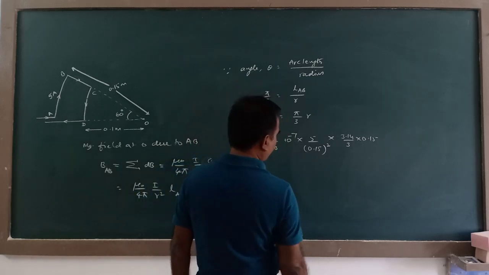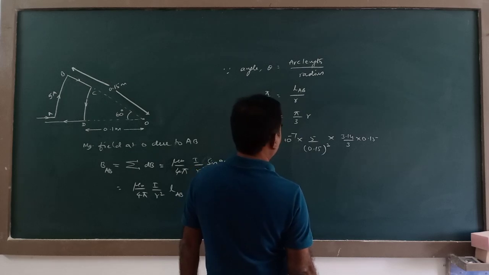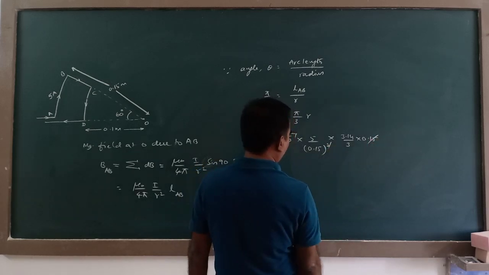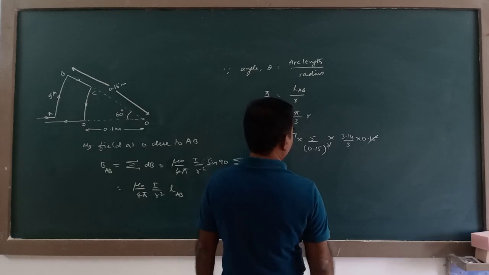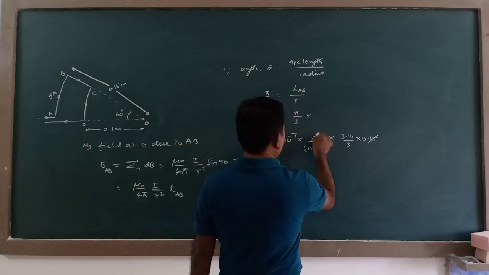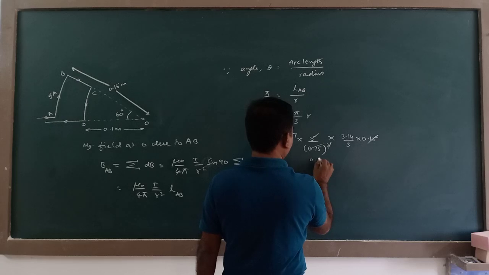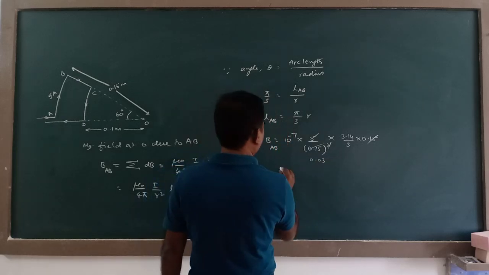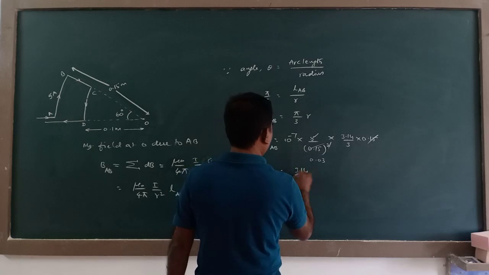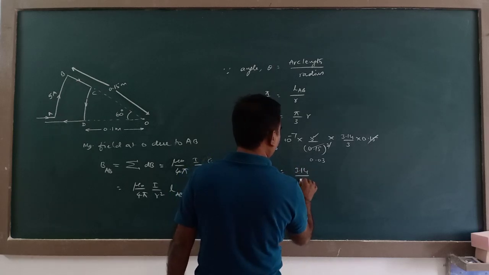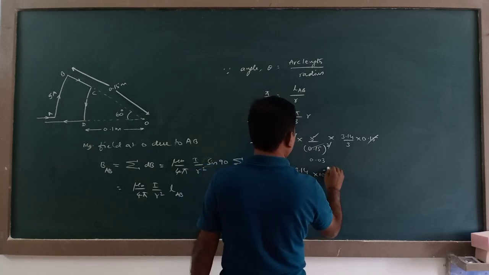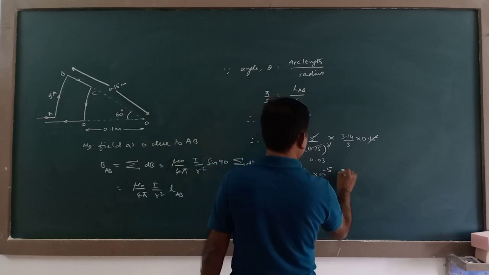You do this calculation. Here this 0.15 cancels and here this cancels 0.03 times. So, this is 3.14 divided by 9 into 10 to the power of minus 5 Tesla.